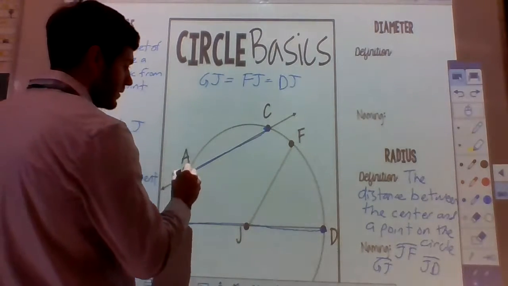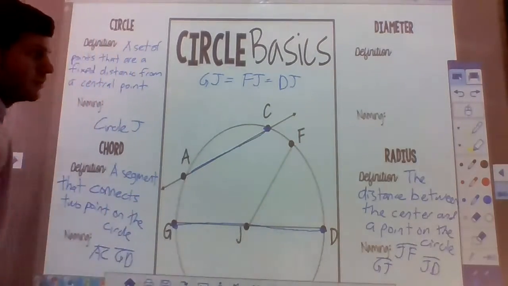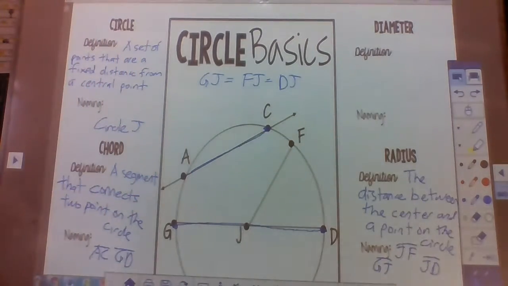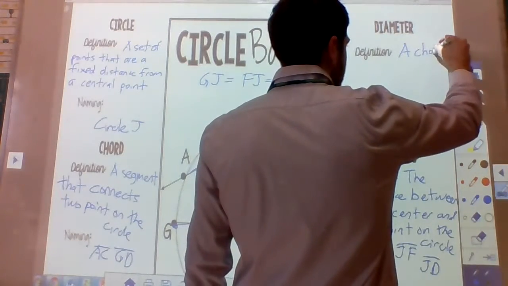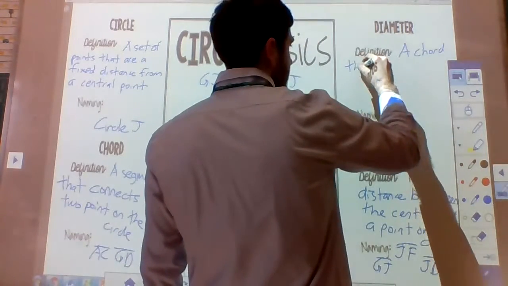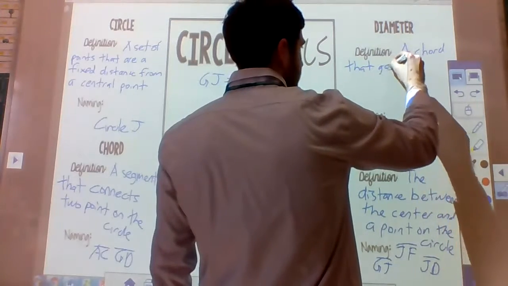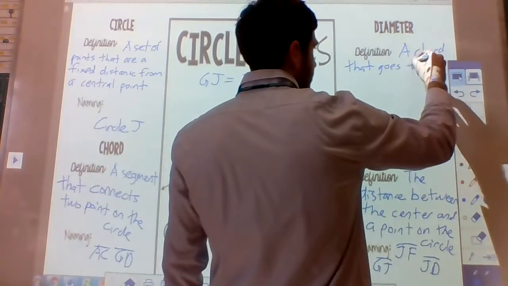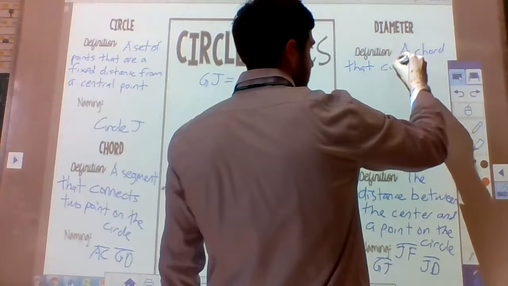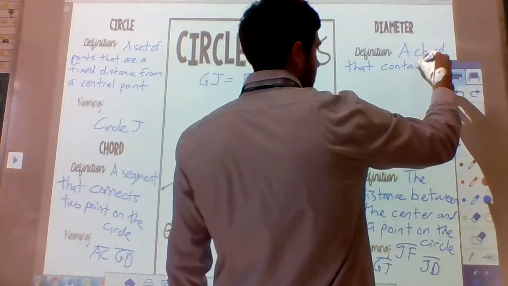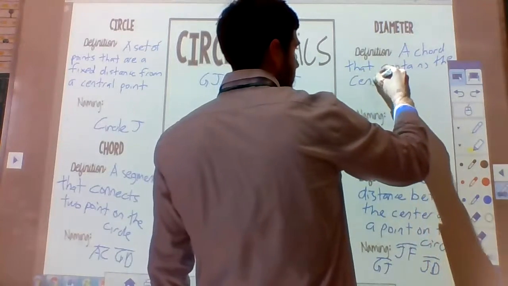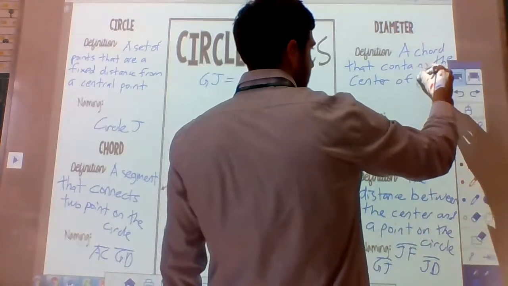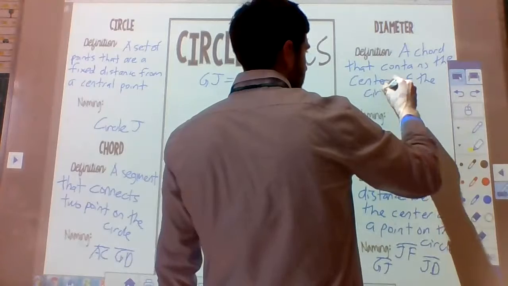And then the diameter is a chord that goes through, or let's say contains, the center of the circle.